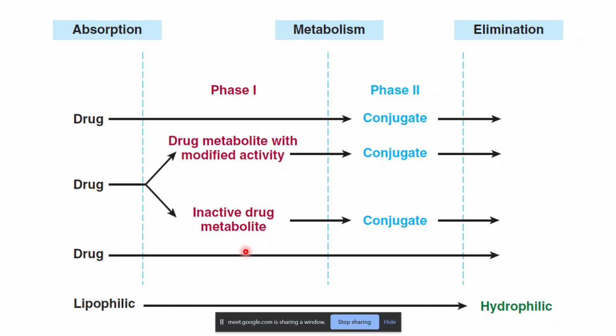And usually the drug can skip both steps, phase 1 and phase 2, or the drug can be metabolized in phase 1 and can increase activity, and then can conjugate on phase 2 and decrease activity, or sometimes even increase activity in phase 2 also.